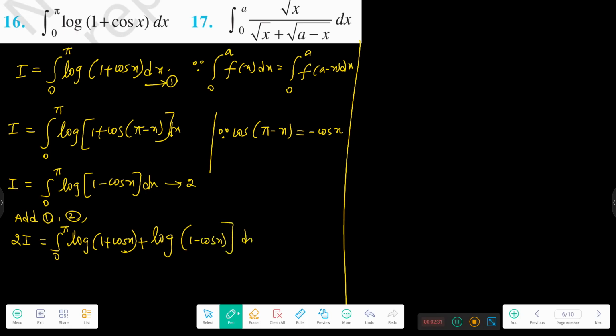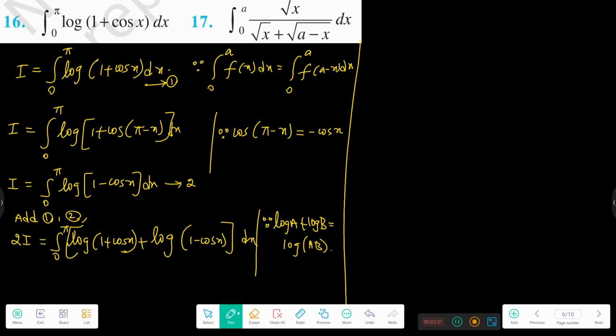The integral and dx I have taken outside. This looks like log a plus log b. Do you remember log a plus log b is log of ab?